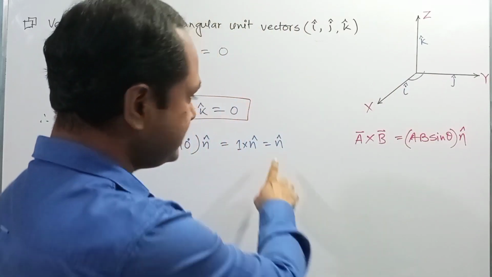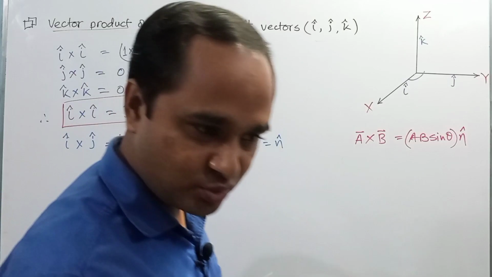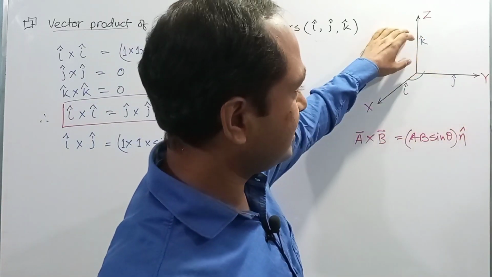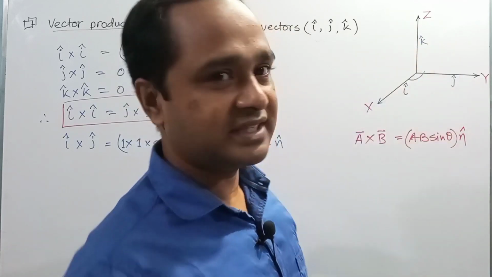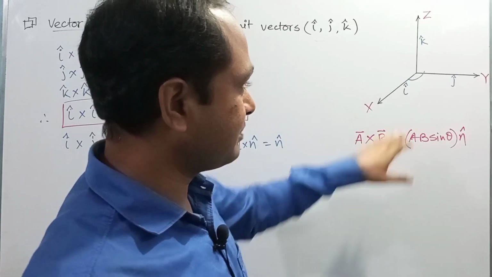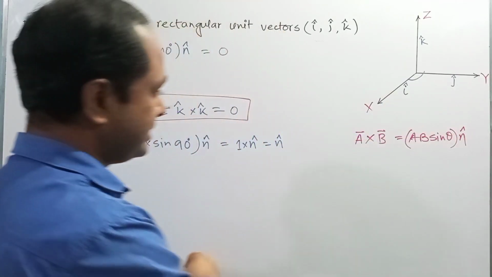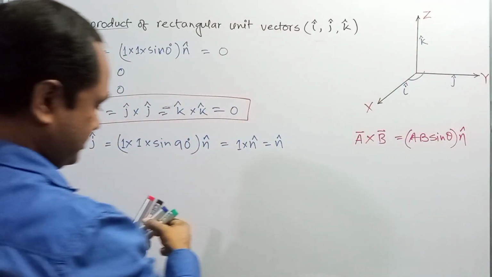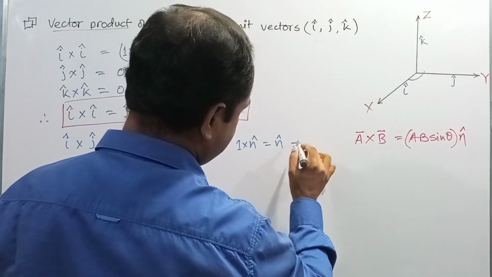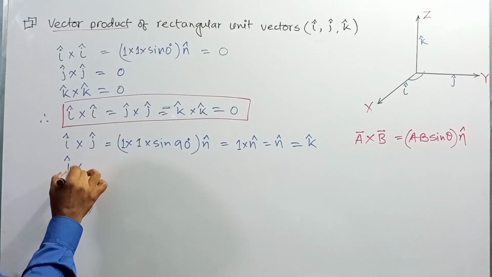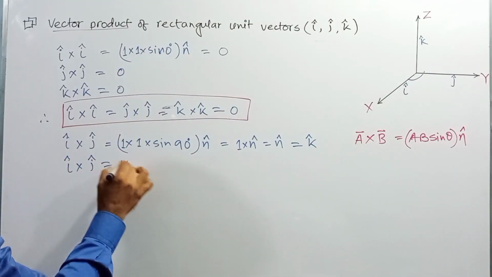Okay, so it is a unit vector whose magnitude is 1 and whose direction is perpendicular to both i and j. So from the figure you can realize that k is a unit vector whose magnitude is 1 and whose direction is perpendicular to both i and j. So we can say that eta is nothing but k. So from this expression we can write that eta is k. So i cross j is equal to k.